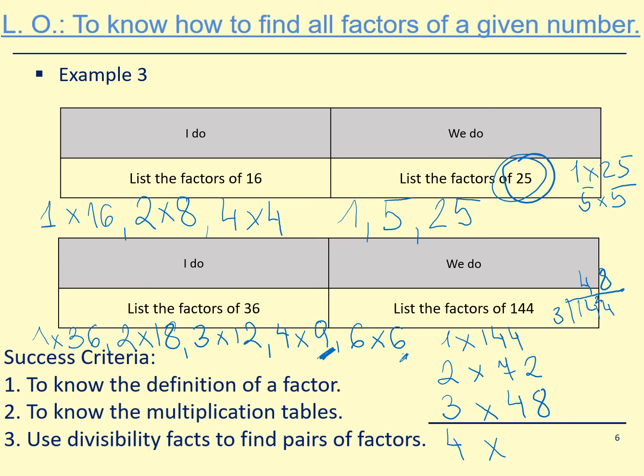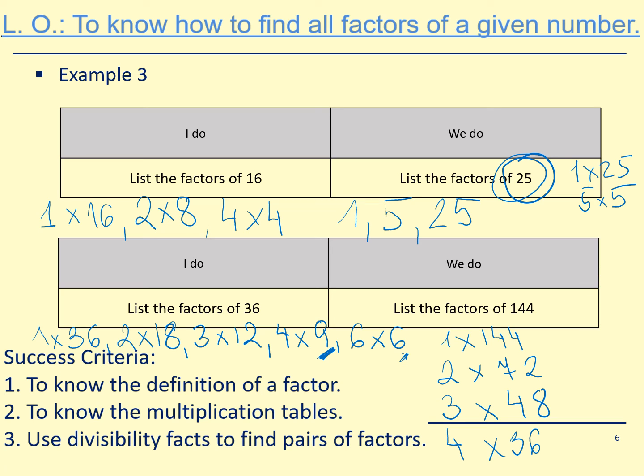I will use the bus stop method again, or I could halve and halve again the whole number. Either way is fine. 4 into 144 gives 36. So it's 4 times 36.